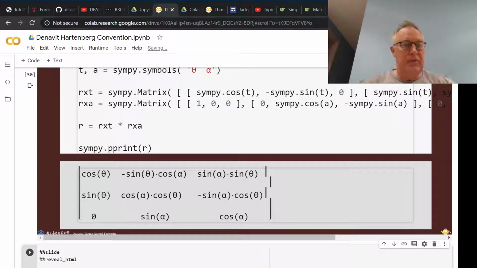So the displacement from the origin from i minus 1 to i minus 1 is 0, right? There is no displacement, so that will be 0, 0, 0.